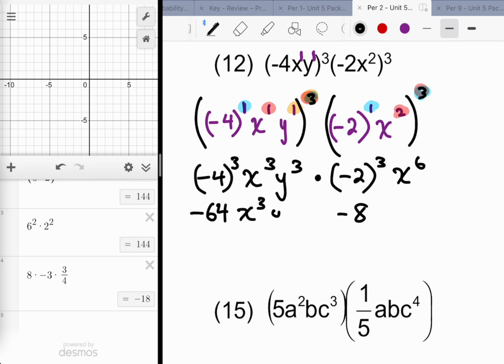We have x to the third, y to the third, x to the sixth. So I'd multiply the negative 64 times negative 8, which is going to become positive because two negatives make a positive. All right. So I would just take that 64 and multiply it by 8. 6 times 8 is 48, so 480, plus another 32. 4 times 8, 32, gives you 512.